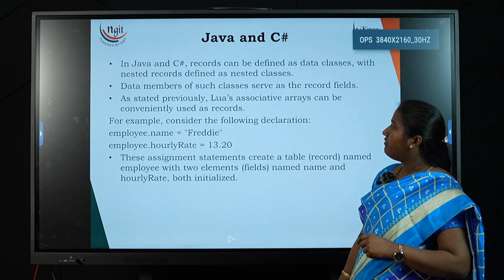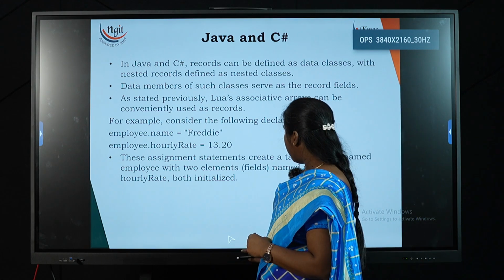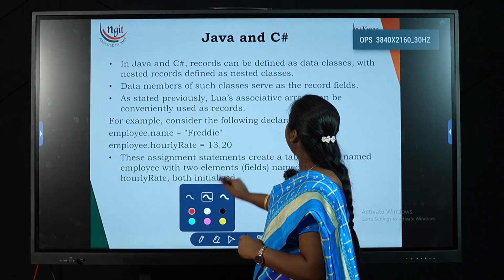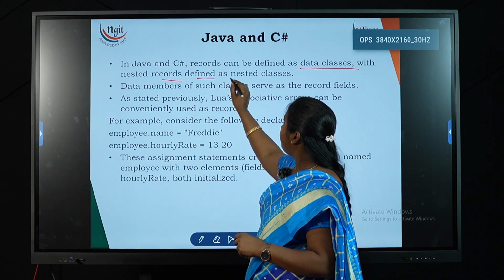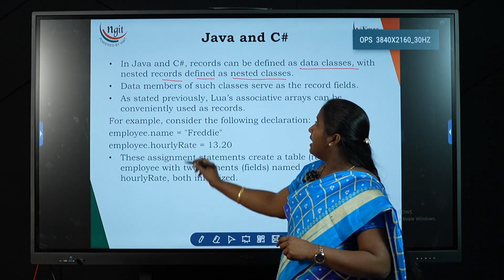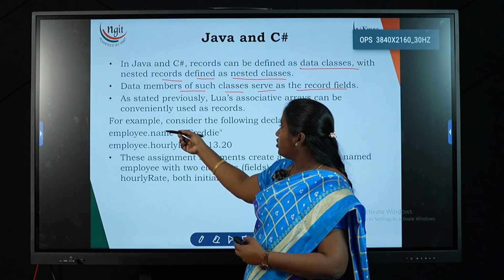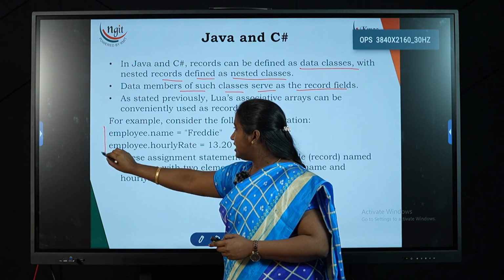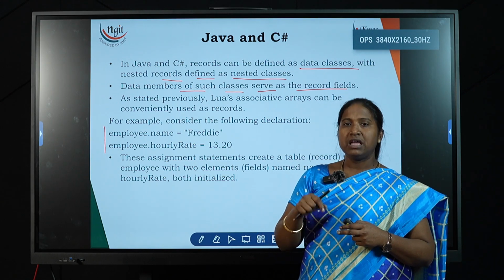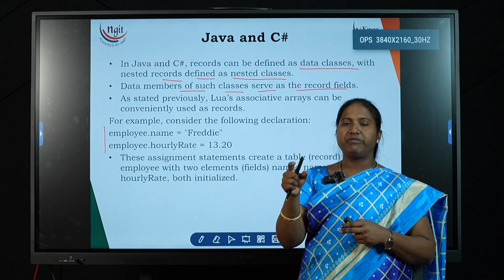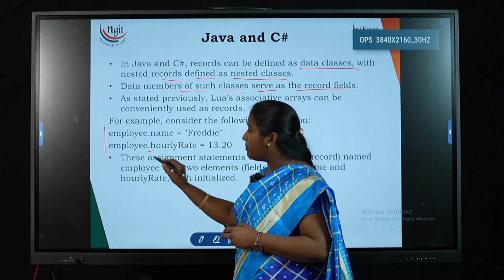Let's see how records are accessed in Java and C#. In Java and C#, records can be defined as data classes with nested records defined as nested classes. Data members of such classes serve as the record fields. You can see the example, and this example you can find even in your C-based languages. When C or C++ uses a structure to define this kind of data, we use the dot member operator.